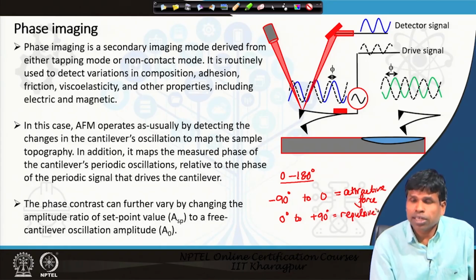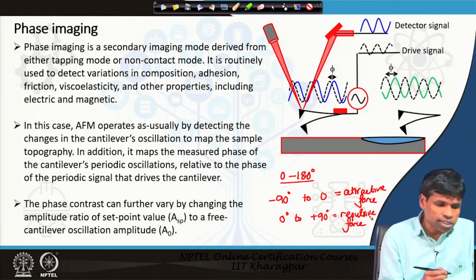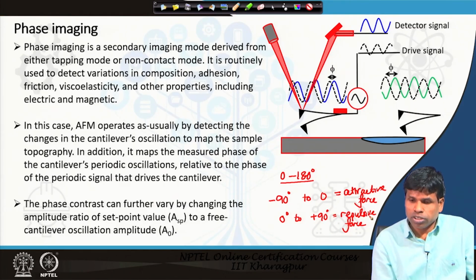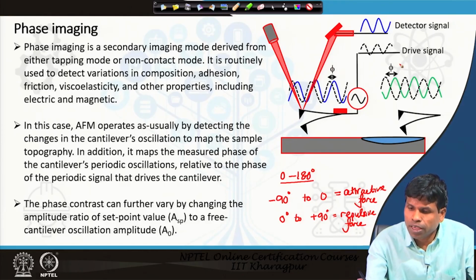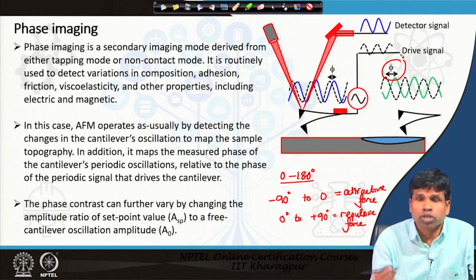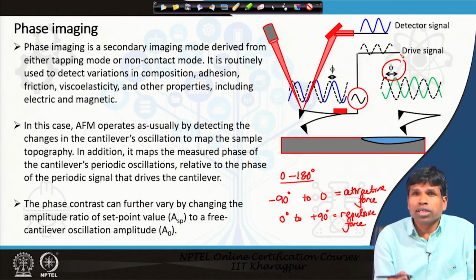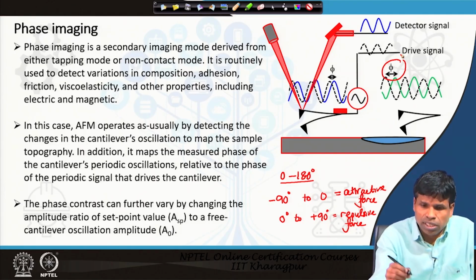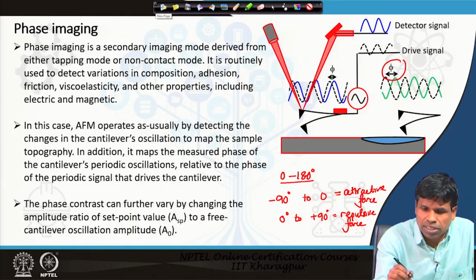So, by knowing in which direction the phase shift is occurring, we can know whether it is due to attractive or repulsive force. This phase shift from the original drive signal to the detector signal tells us how much the phase shifts and in which direction, and that gives us the phase image that you will see here in some examples.